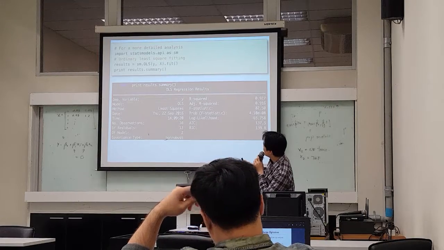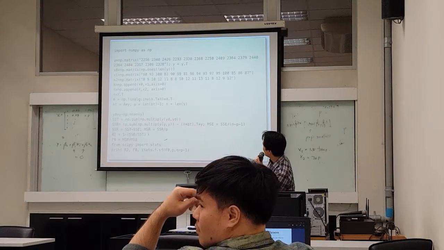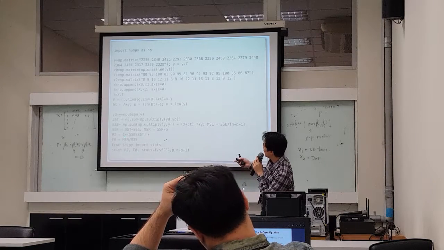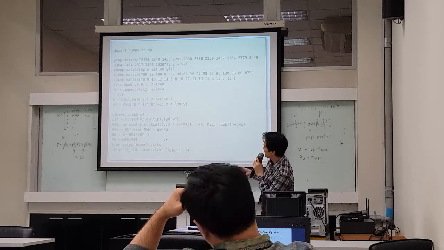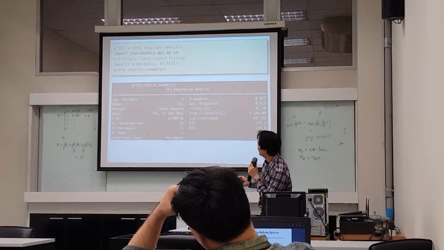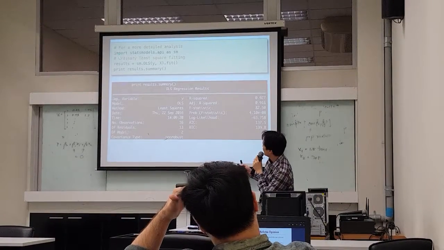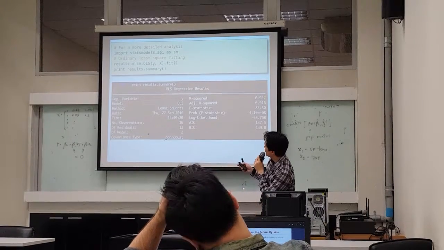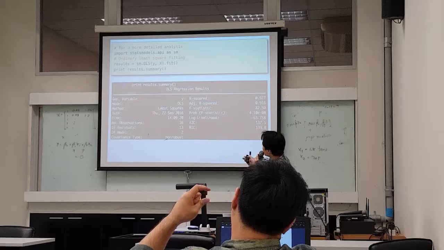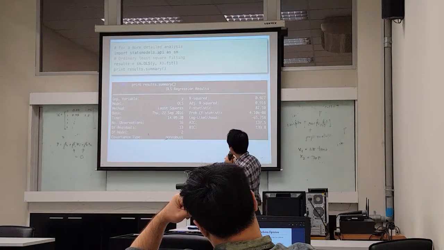This is the code to compute the significance test for the regression model. It gives you the R square and F statistic.